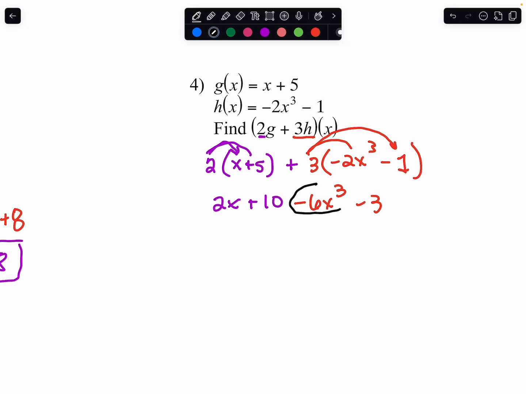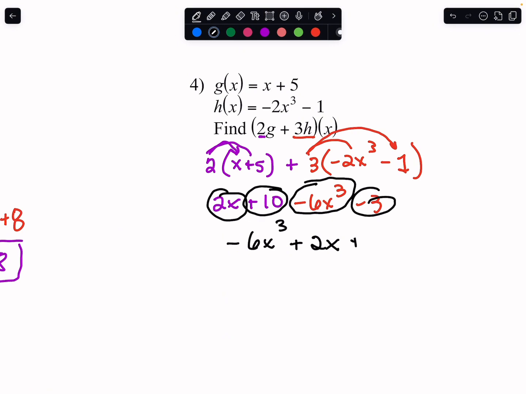This is my largest exponent, so that's going to go in the front. This is the only thing with an x. And then I got my 10 minus 3 is a positive 7. That is the final answer for that one. Okay, moving right along.